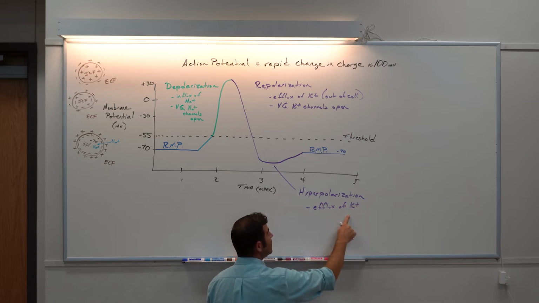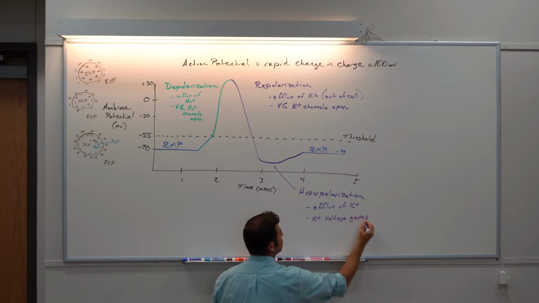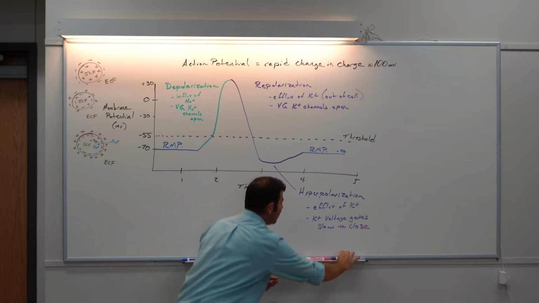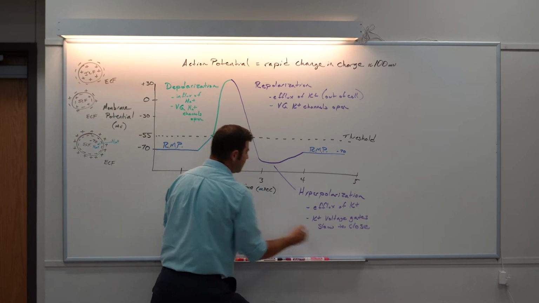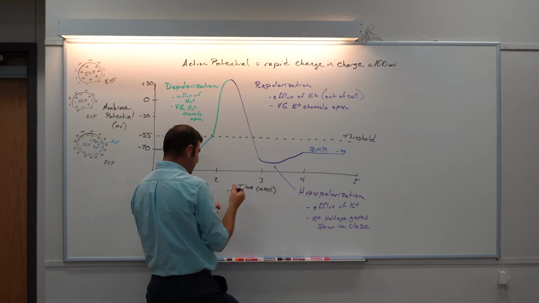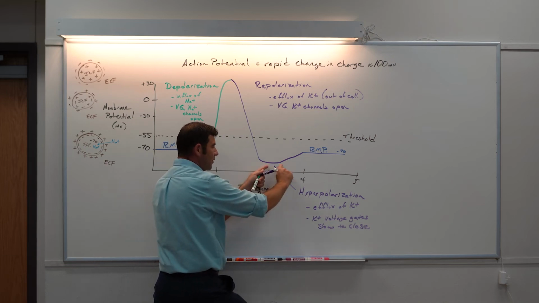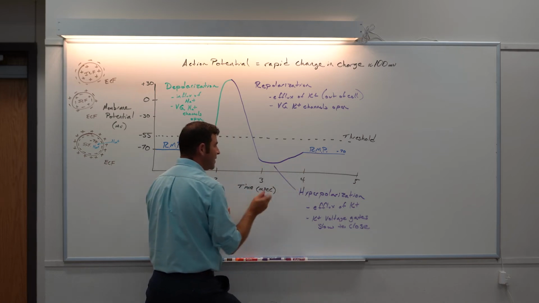Potassium ions are leaving the cell because during hyperpolarization, these potassium voltage gates are slow to close. So we lose a little bit of extra potassium ions. They leave the cell, leaving behind more negatively charged cytoplasm. So this could be somewhere around negative 75 or negative 80 millivolts. And what takes us from this negative 75 or negative 80 millivolts and marches us right back up to negative 70 millivolts is the action of the sodium-potassium pump.